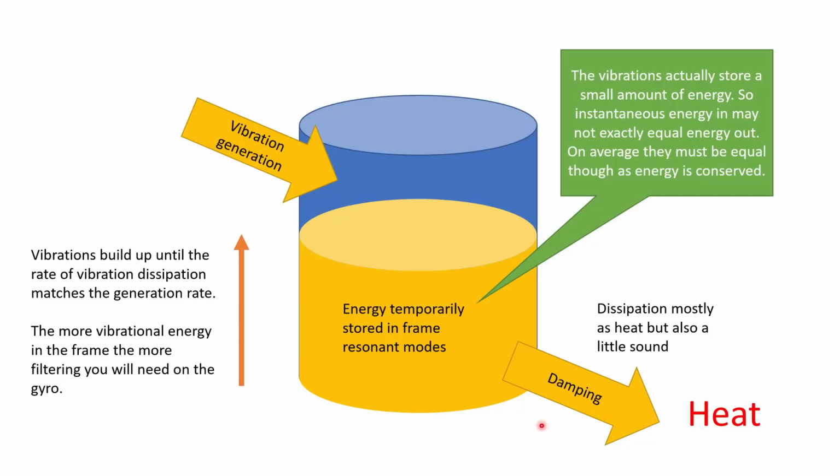And this damping rate, the amount of energy that's being lost to damping, is dependent on the amount of vibrational energy, the amplitude of vibration and the frequency of those vibrations in the system. And so what we find happens is that vibrational energy in the frame builds up until the rate of vibration dissipation, due to damping, matches the vibration generation rate.